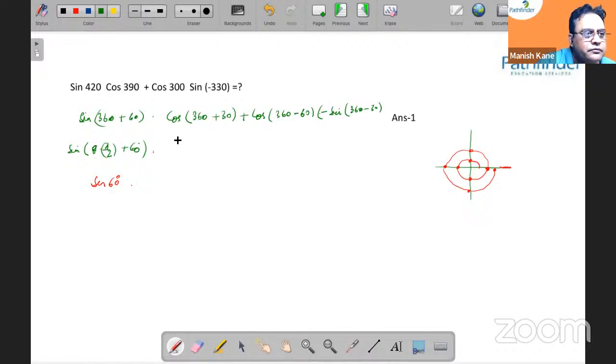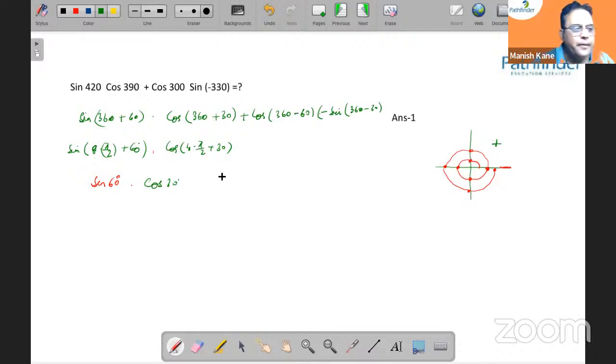Similarly, cos 4 pi by 2 plus 30, what will it become? It will be in the first quadrant itself. And since it is in the first quadrant itself, I am going to get cos 30 because in the first quadrant, everything is positive. Sine, cos, everything is positive.